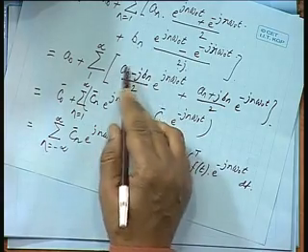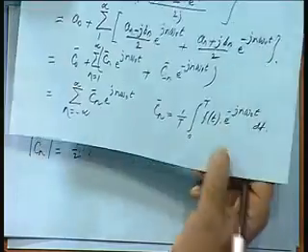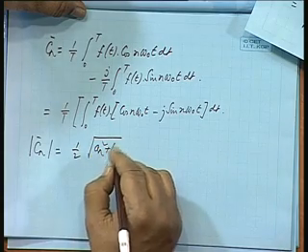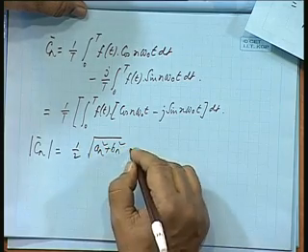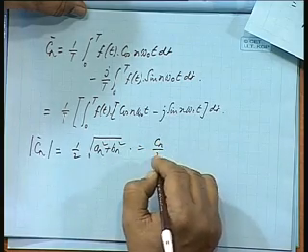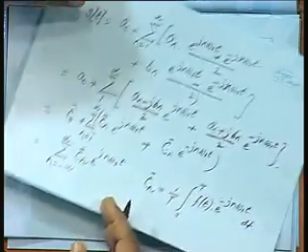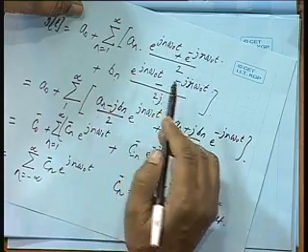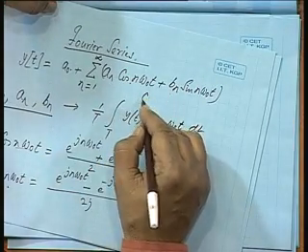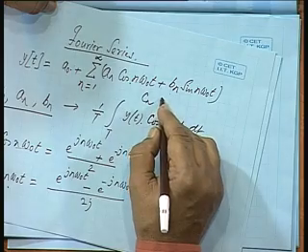The magnitude of Cn bar will be half of the square root of an squared plus bn squared, that is, the old Cn by 2.